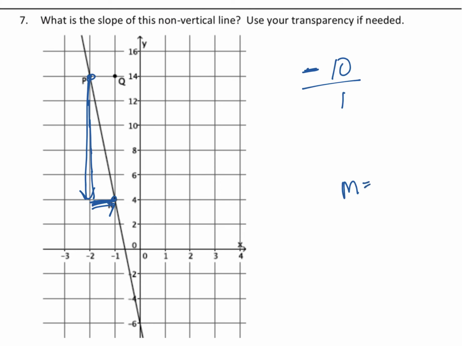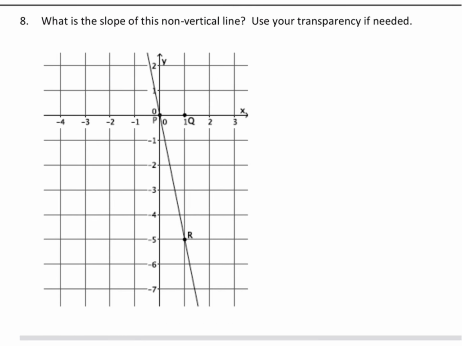My slope for this one is going to be negative 10. In this one, we start with our left point and head to the right point. So I go down 5. Down is represented with the negative, and right 1. My slope is negative 5.